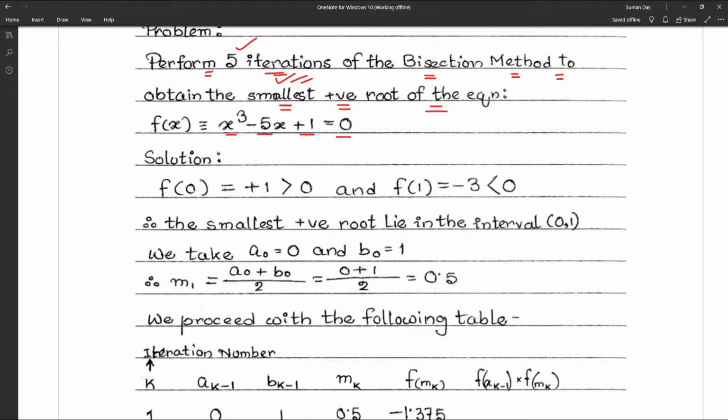How to find the range of a root, you can check my previous video.